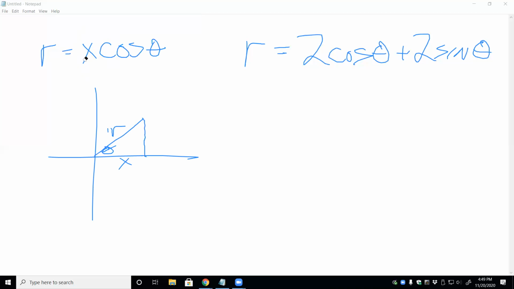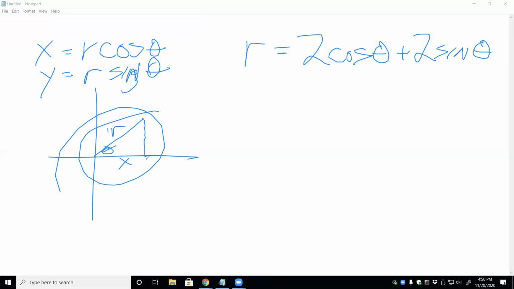That's why I drew it, because I wanted to make sure I didn't get it backwards. x is equal to r cosine theta, and y is equal to r sine theta. You can always tell by drawing that picture, because this is always r, and that's theta. So the cosine of theta is x over r. That's how you get that. And the sine of theta is y over r. That's how you get that one.